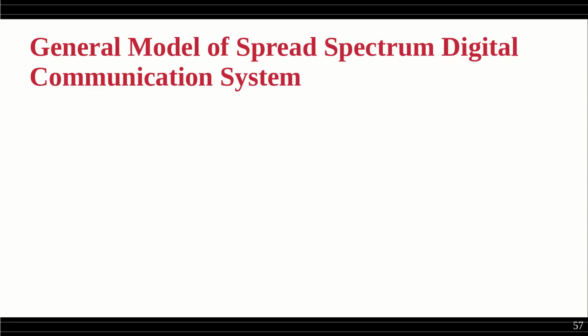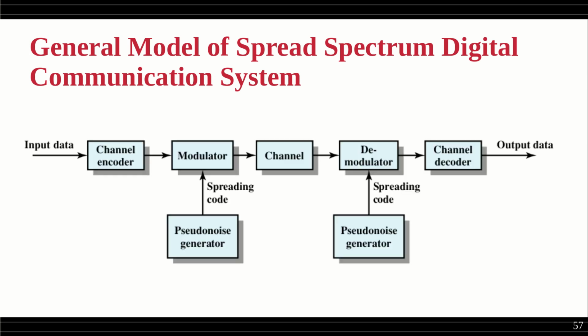Now you can see a general model of a spread spectrum digital communication system, and how it works from end to end. We have the input data that is given to a channel encoder. This encoder converts the input data, which may be in analog or digital form, to an analog signal, because it uses analog to analog and digital to analog encoding.